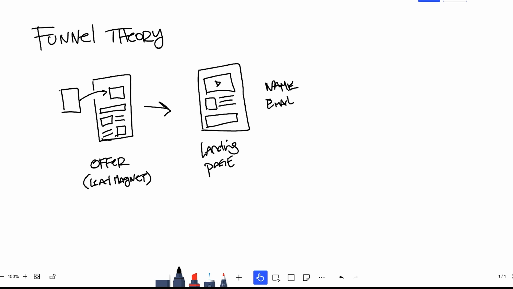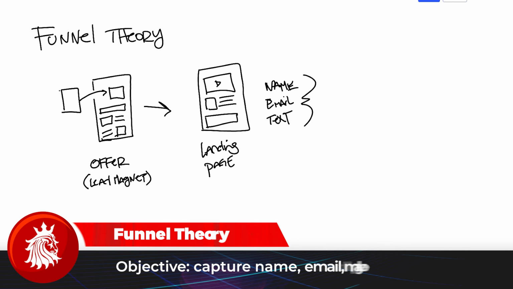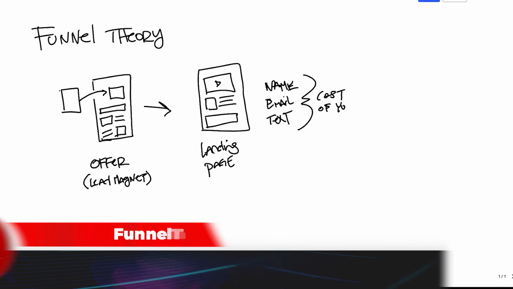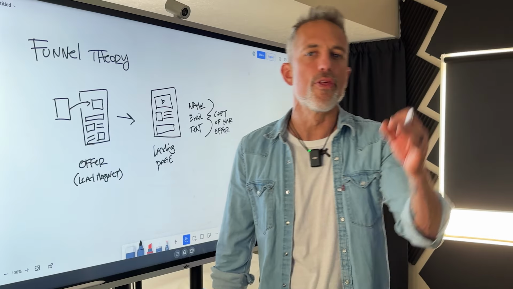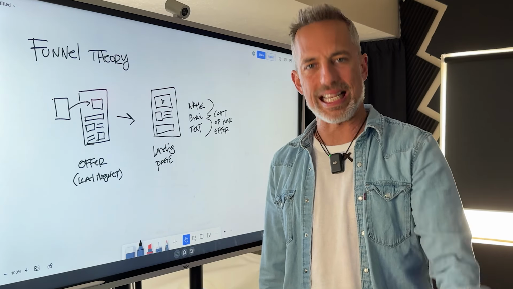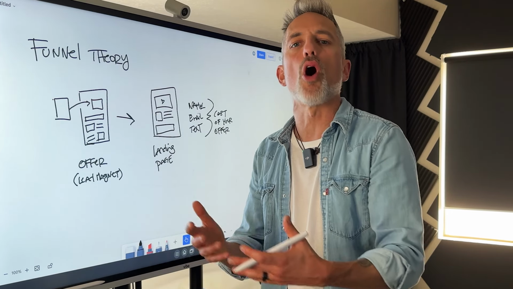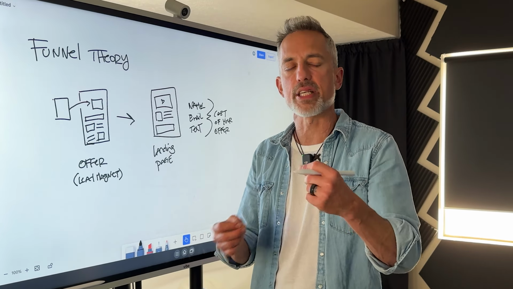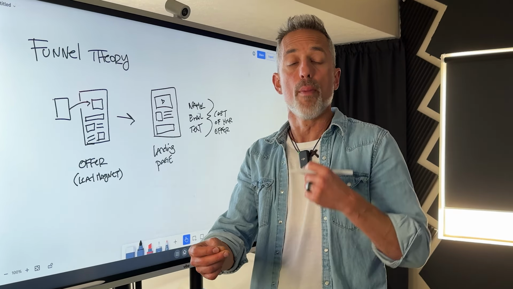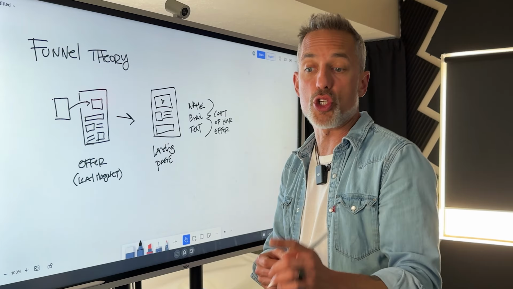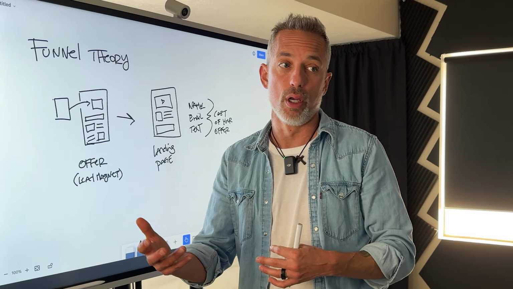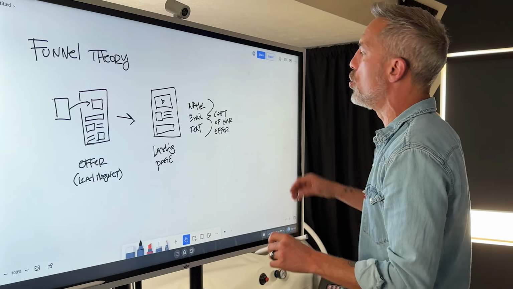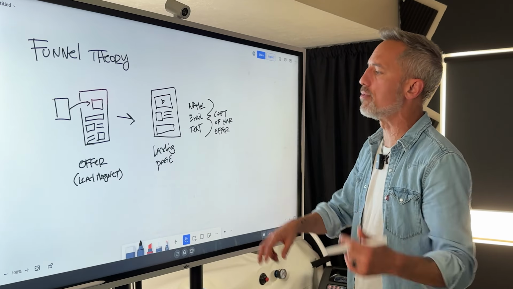Like another good one is text, okay? But you got to understand that this is the cost of your offer. The more information you ask for, the fewer opt-ins you'll get. So there's a strategy here between asking for a name and an email plus asking them to just click to register. Yeah. That can put in a whole new way of increasing conversion on your landing page.